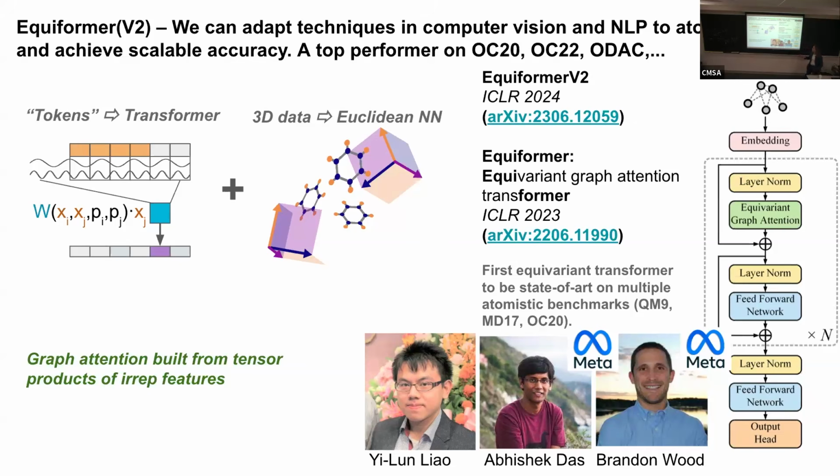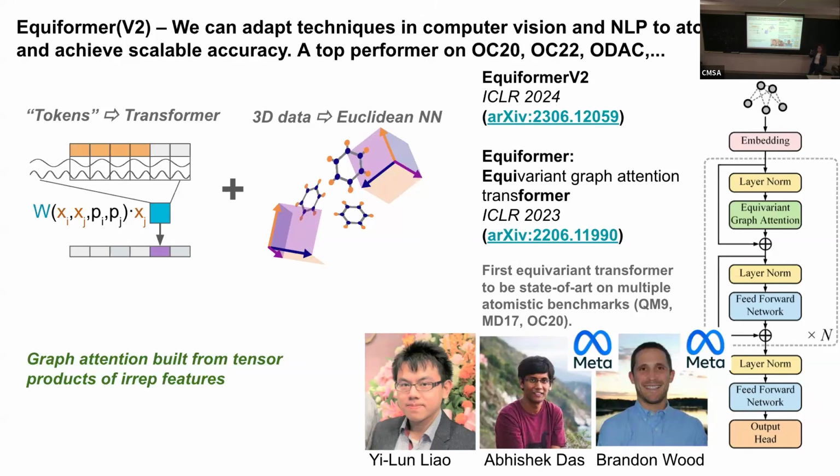I'm not going to go through too much of the details, but as we discussed with how you promote a regular old convolution to an equivariant one, you could imagine a similar process with an attention mechanism: I'm going to replace all the multiplication operations with these tensor products and Clebsch-Gordan contractions. And that pretty much gets you most of the way there.